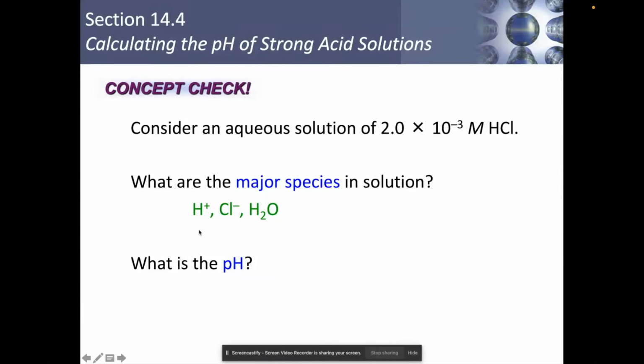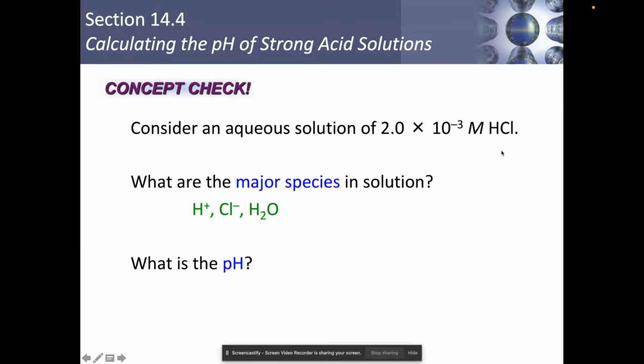So that means that we're going to have complete ionization, essentially. And again, I normally write hydronium, H3O+, but you could just write H+. Cl-, we have chloride. And then, of course, water is going to be present in our solution.